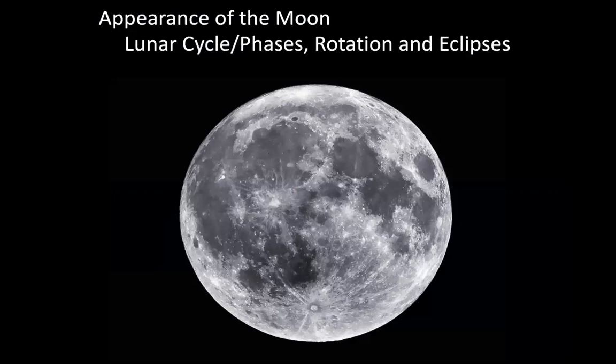Now, the last object I want to talk about a bit is the moon, which is the other object you see moving through the sky a lot. And the moon is notable mostly because it exhibits phases.